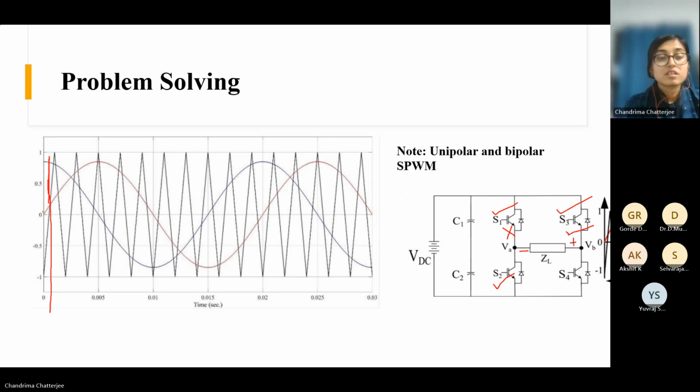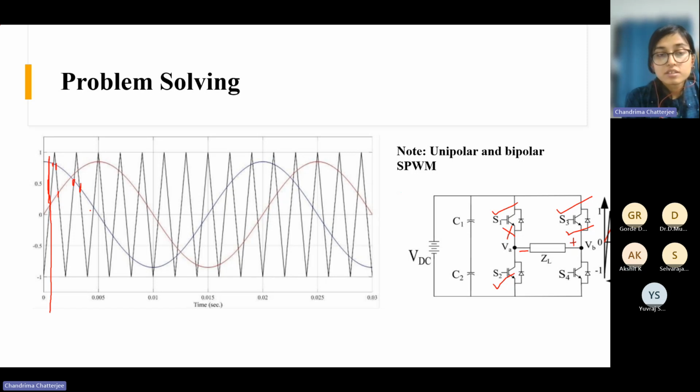So you just consider all the points where they are intersecting with the carrier signal. Then you will be able to understand at this point. Again at these portions, both of them are lower than this, so zero voltage, because none of them will be on.